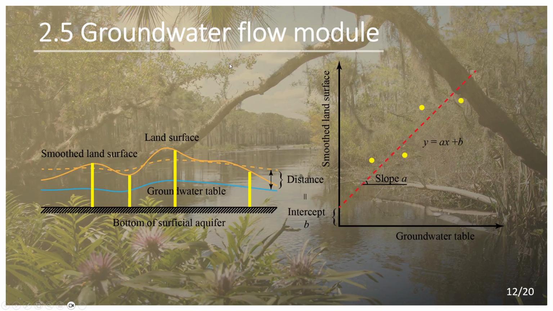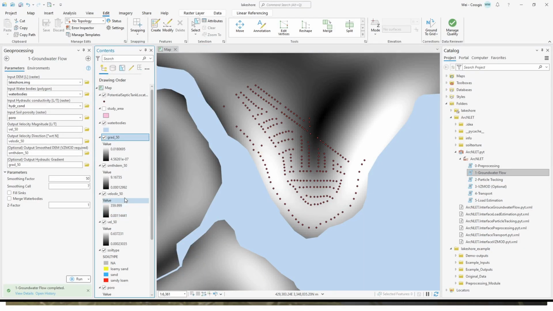So in the groundwater flow module, all we need to do is to keep adjusting the smoothing factor to ensure the slope A is as close as possible to 1. That's why I named the output of the groundwater flow module with the smoothing factor here. I can use many smoothing factors like 40, 50, and 60. Then I can calculate the slope and choose the best one for further calculation.